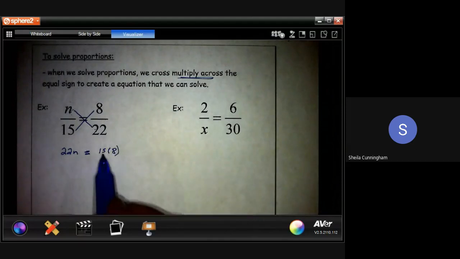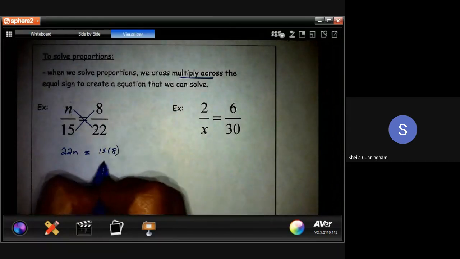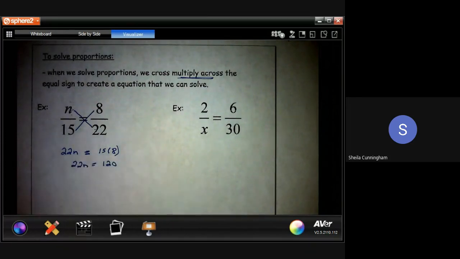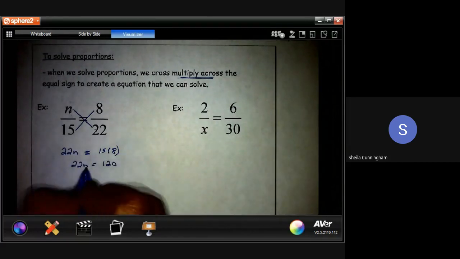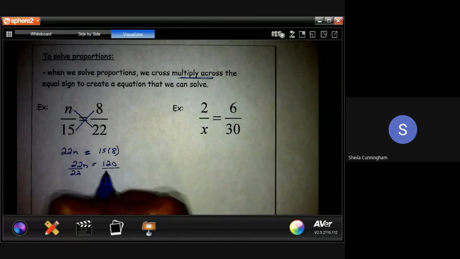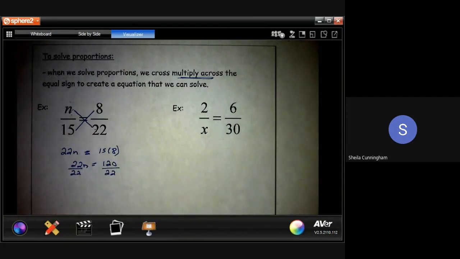What is 15 times 8? That gives me 120, and that equals 22n. Now solving this equation, 22 times n is multiplication, so if I want to get the n all by itself, I divide the 22 away from both sides.